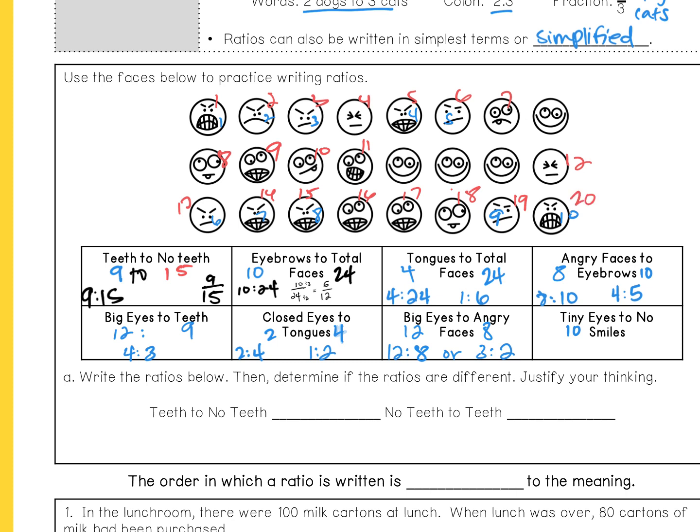So my ratio for tiny eyes to no smiles would be 10 to 20, which can be simplified down to 1 to 2.